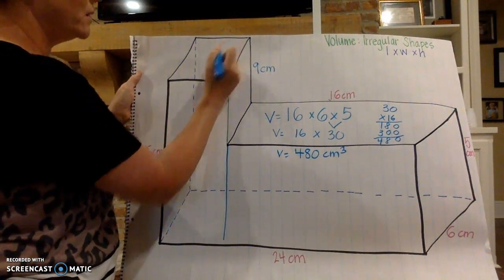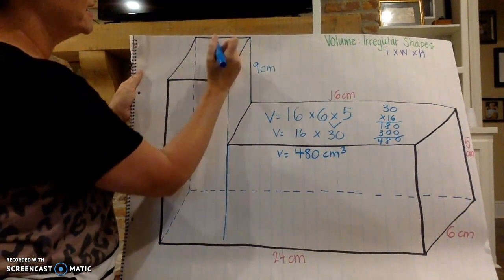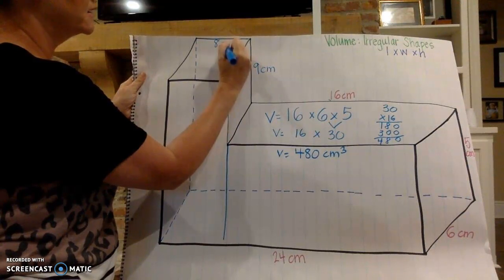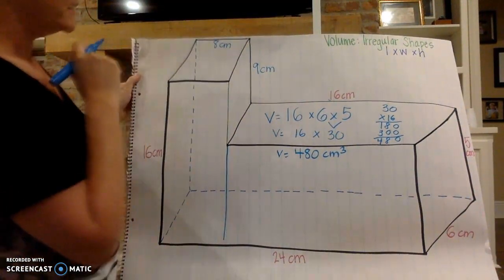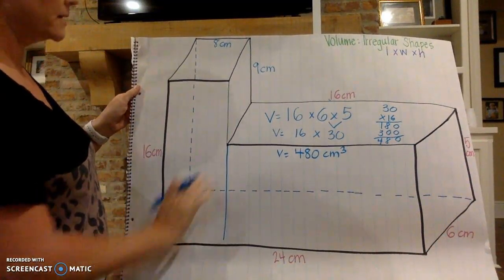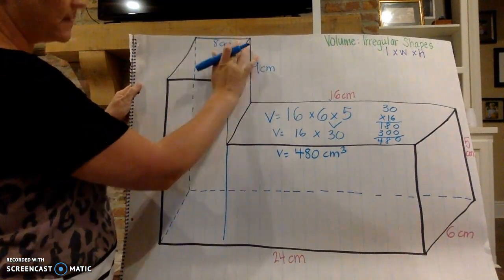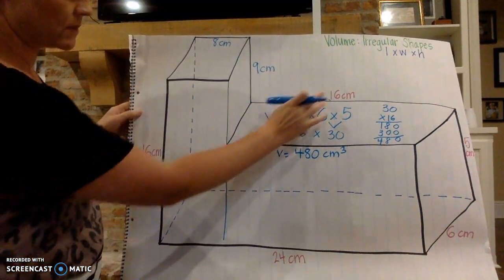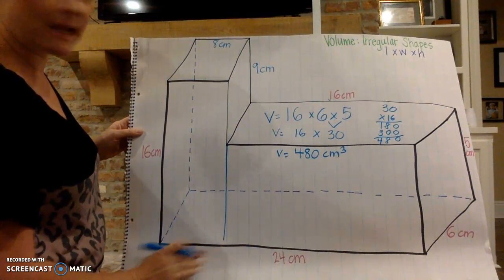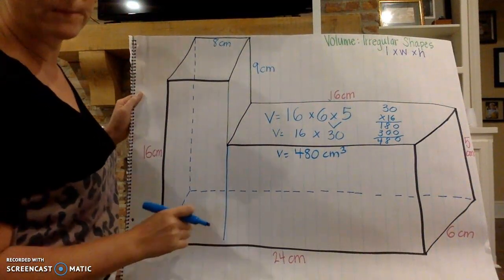Okay, so I know this part or this part is going to be 8 centimeters. Okay, now I have my height, I have my length of the front of the shape here or here. Okay, because remember 16 plus 8, this missing 8 will give us all of 24.